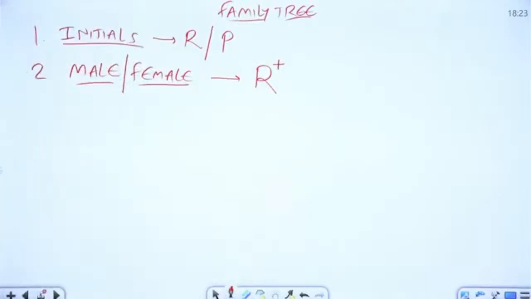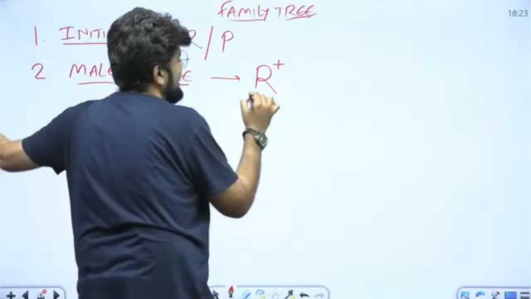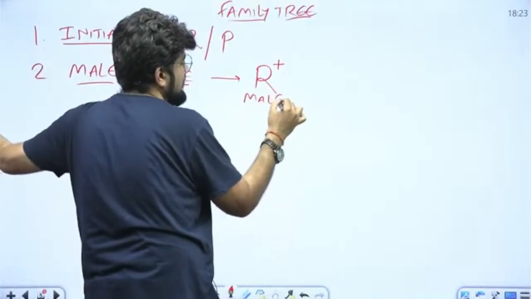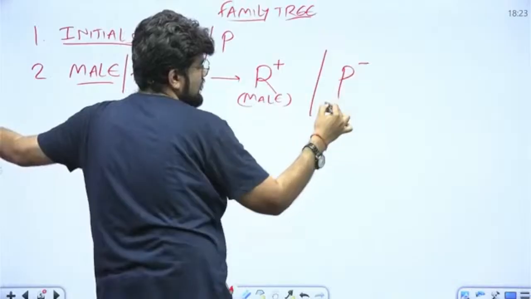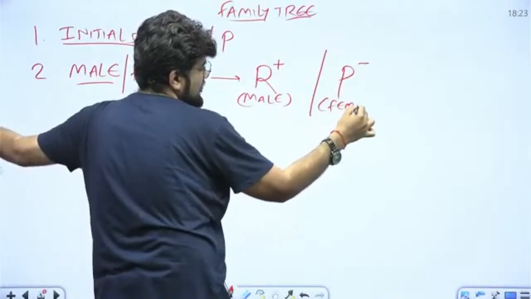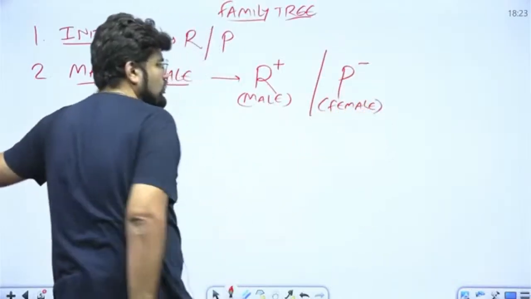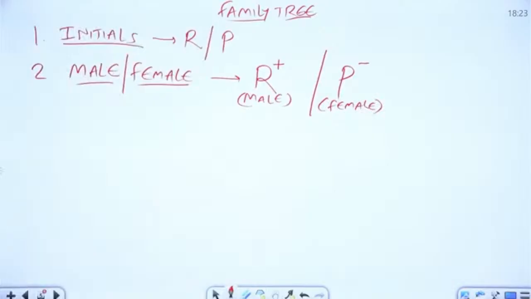So you assign an index of plus, a power of plus. And if you know that Priya is a female, then you will simply write a minus on the P. That way it will become easier for you to decipher, to understand.